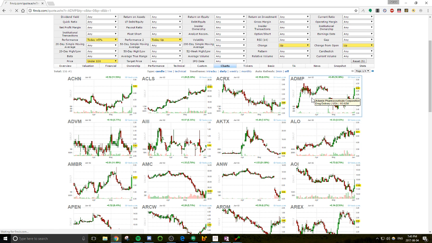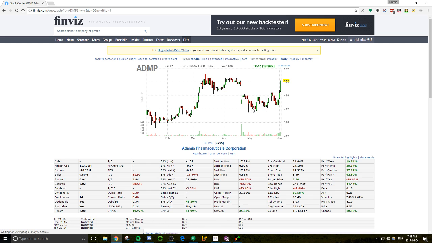ADMP could be interesting. Although it closed on highs, and you can tell that because there's no wick on that candle. It didn't pull back. It closed on highs. It's filled the gap. And what these kind of like to do once they fill the gap is pull back slightly and then rip back up, right?